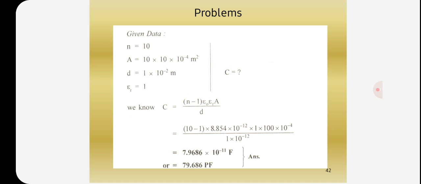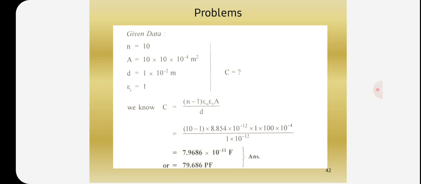Find out the capacitance C. We know that C is equal to n minus 1 into epsilon naught epsilon r A by d. So we can substitute the values: 10 minus 1, 8.854 into 10 to the power of minus 12 into 1 into 100 into 10 to the power of minus 4 by 1 into 10 to the power of minus 2.